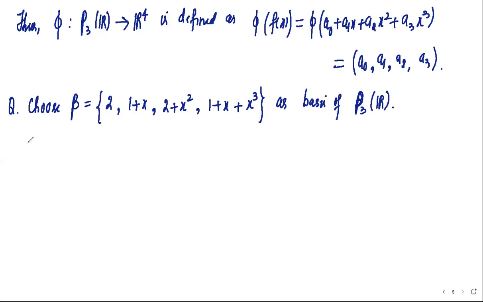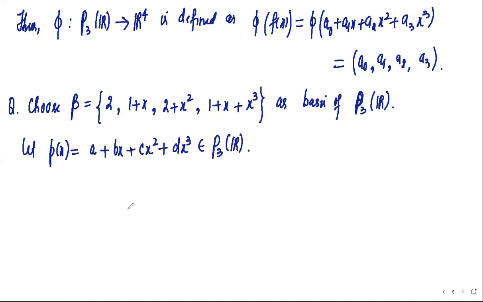then choose any polynomial. तो अब हम कोई पर्टिकुलर पॉलिनोमियल चूज करेंगे ताकि हमें कैलकुलेशंस करना थोड़ा सा आसान हो जाएगा. Then we can do the same thing in general also. So now let some p of x be equal, चलिए अब हम जनरली लेते हैं, a plus bx plus cx square plus dx cube, be an element of P3(R). ठीक है.